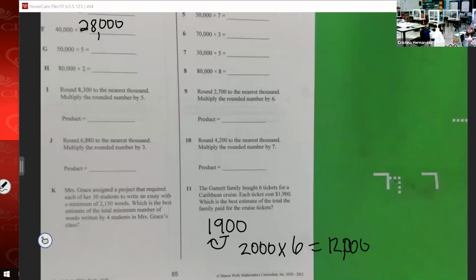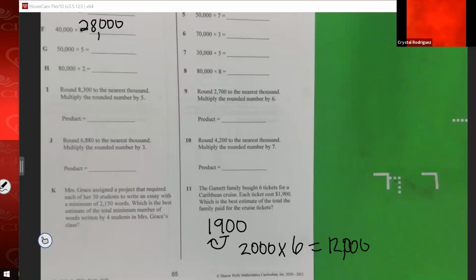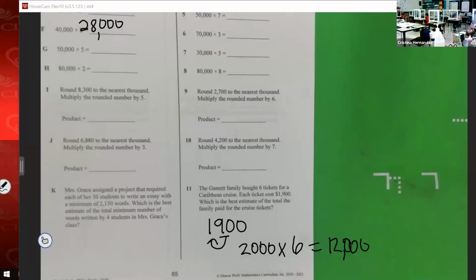RJ, is that you? Is that Chloe? Yeah. Hold on. Let me find a video over symmetry. It's 9 and 10, right? Did 9 and 10 already, right? Oh, symmetry.